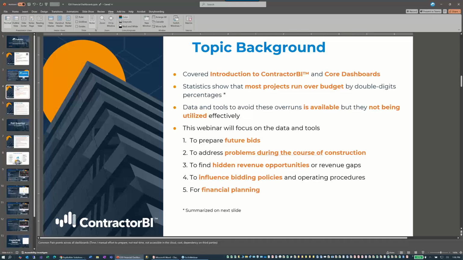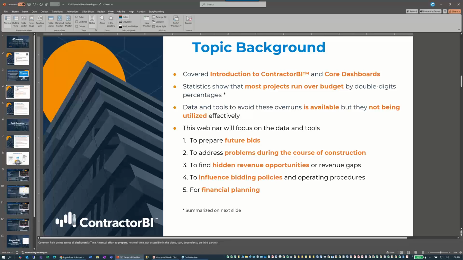And with the pain points on the second bullet there, not having the data available or used properly is a really important topic for us and for the industry. And that's what we're talking about today. And as always, you can always come back to us if you want more information. We can't cover every single detail in 30 minutes, but we're going to try. I'm going to talk fast.